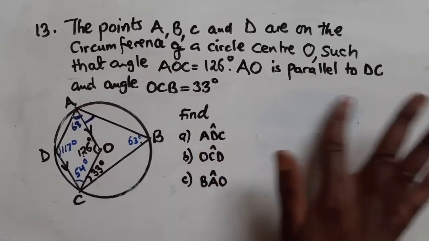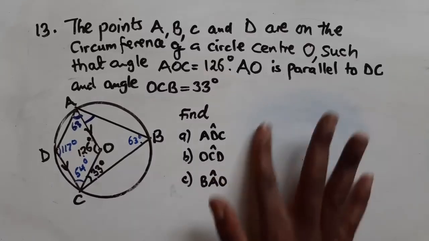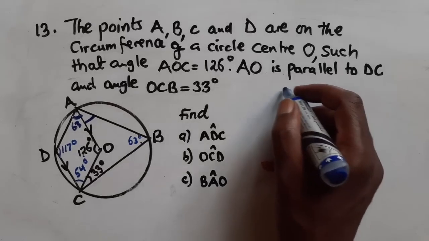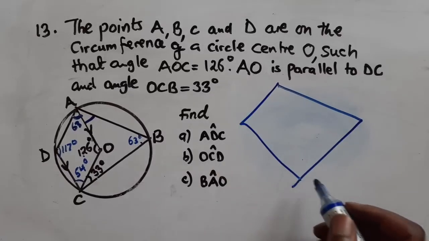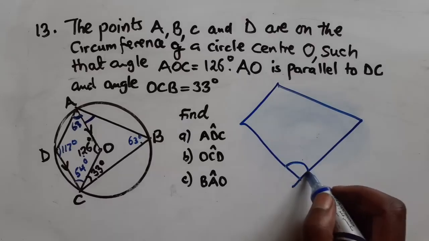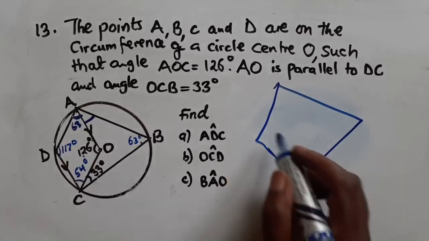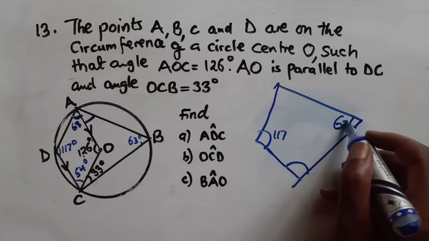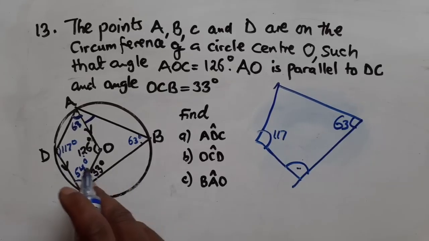For me, I'm finding all the angles. I'm not paying attention to what they have asked you to do because I'm helping you to revise. That is my attention also. Okay, so what angle do we have here? This angle here is 117, and then this angle here is 63, and then let's add these two angles here.